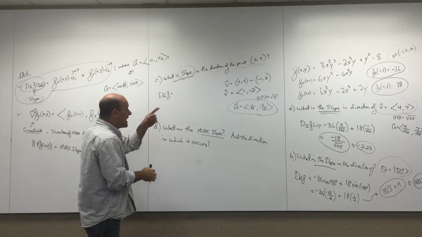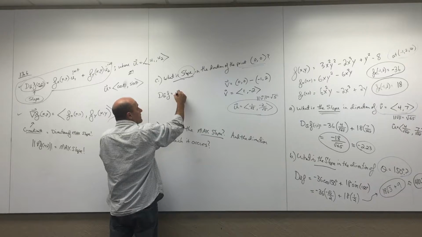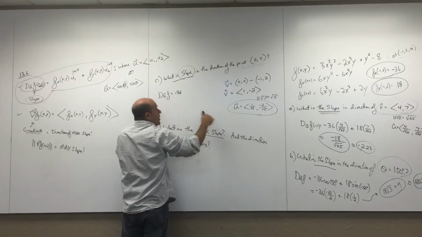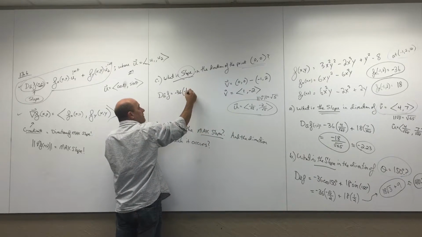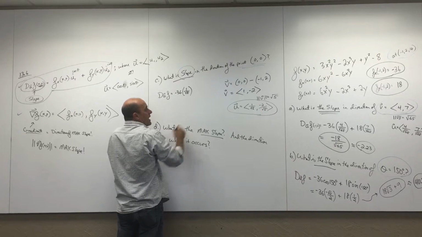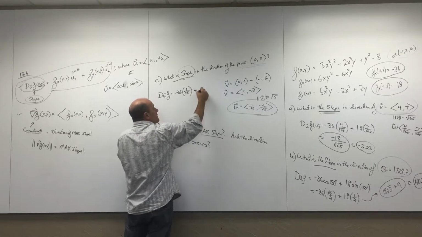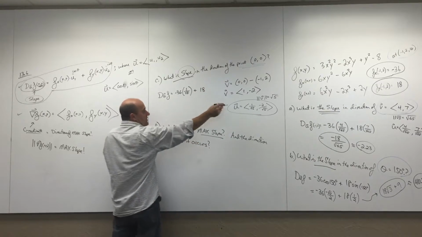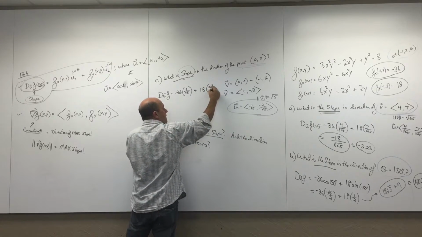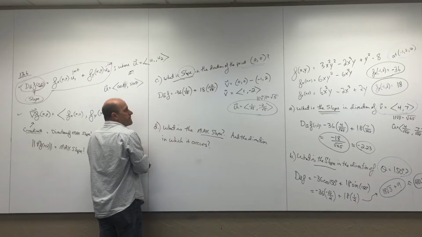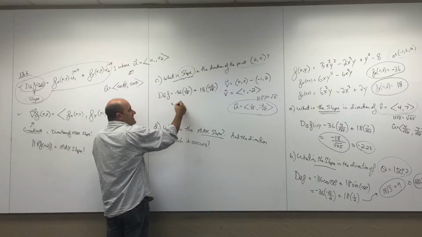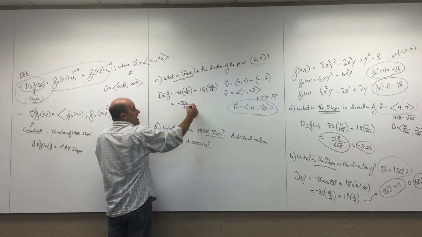Here we go. It's the same old negative 36 times the x component of this unit vector, plus the 18 times the y component of this unit vector. That's negative 36 over the square root of 5.